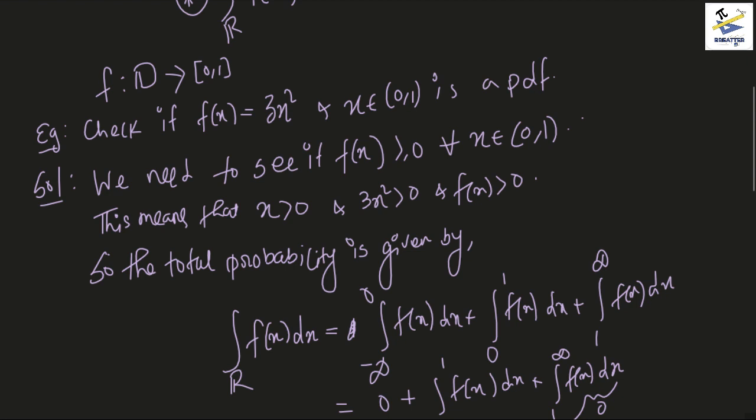So that is the range of the function, because obviously we know that the probabilities lie between 0 and 1. So we will have an example here.